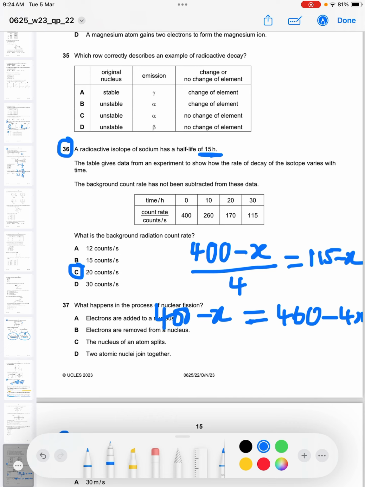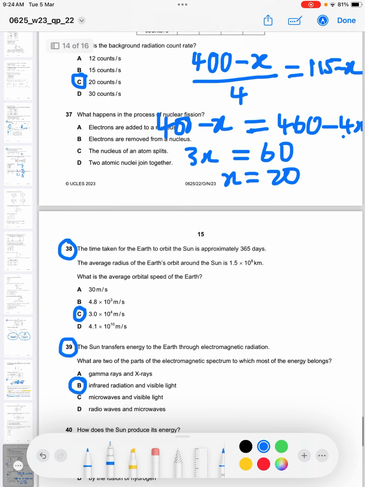Then we take minus 4x to this side, becomes plus 4x, which is plus 4x minus x, which is 3x. We take 400 to the other side, which becomes minus 400. 460 minus 400, that's 60. So x is equal to 20. That's the background count rate.